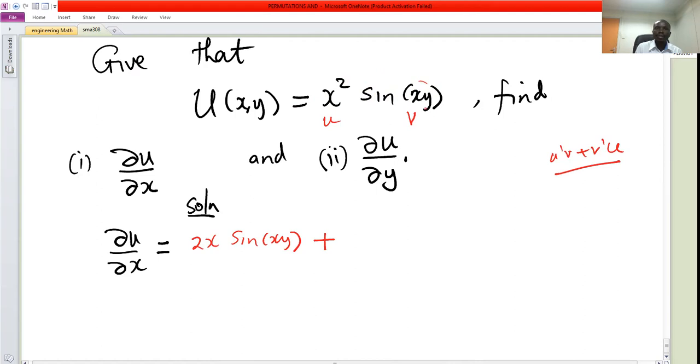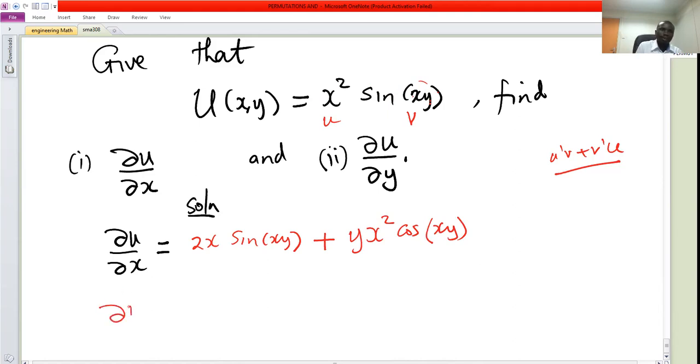And then when you differentiate this part partially with respect to x, you get y. So now y cos of xy times x squared. So we'll have y x squared cosine of xy. So that is the answer to that first part.